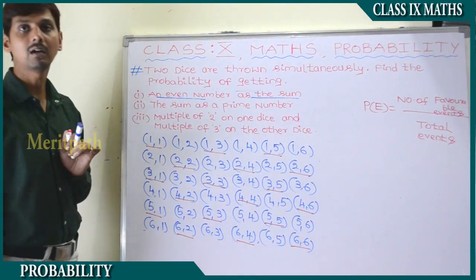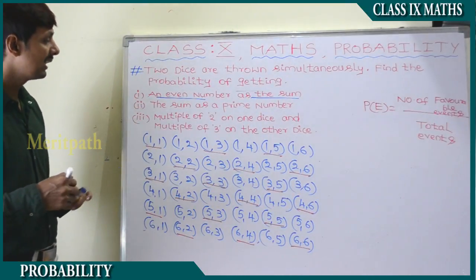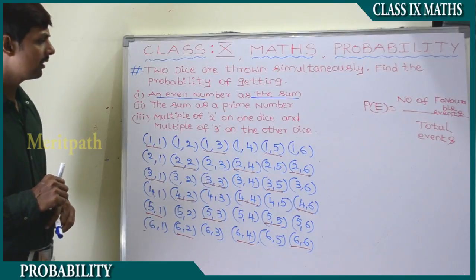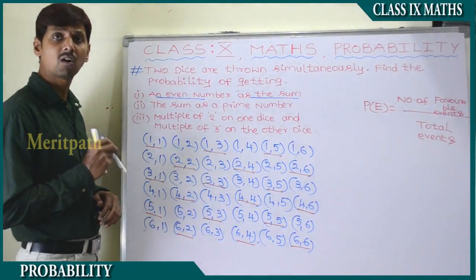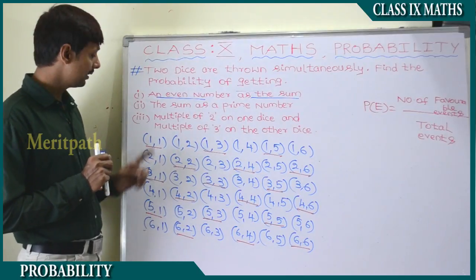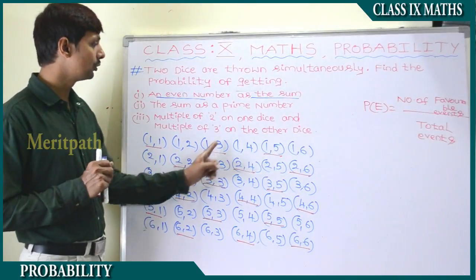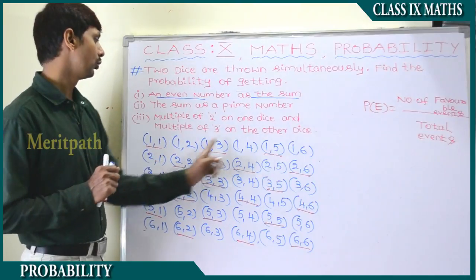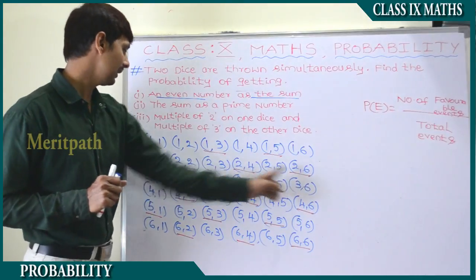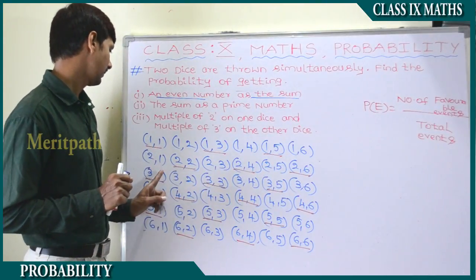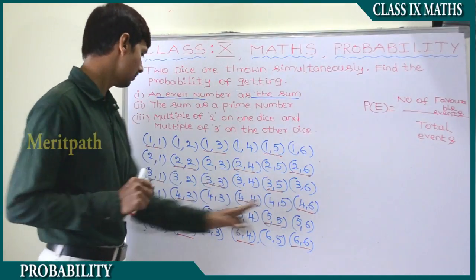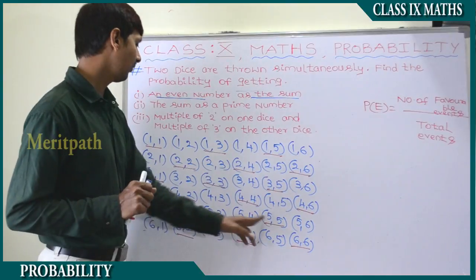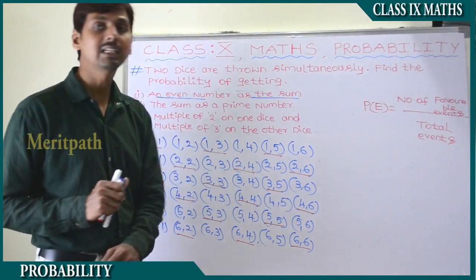So these are the even sums, and let's see how many events we got. Let's count: 1, 2, 3, 4, 5, 6, 7, 8, 9, 10, 11, 12, 13, 14, 15, 16, 17, 18.